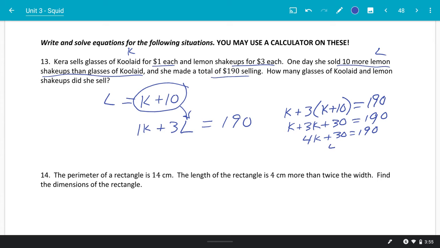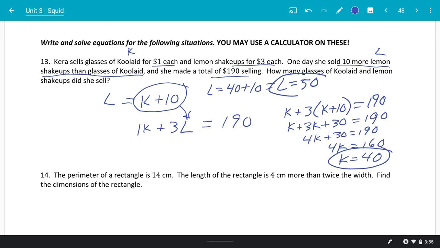Subtract 30 from both sides. 4K equals 160. Divide by 4. K equals 40. So plug that in here to be L equals 40 plus 10. And L equals 50. So I had 50 lemonade and 40 Kool-Aids.